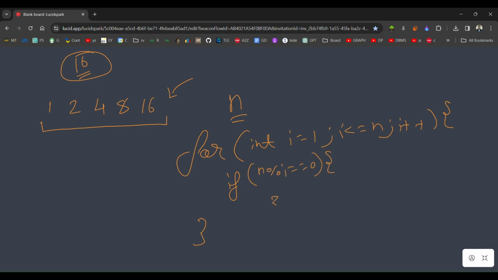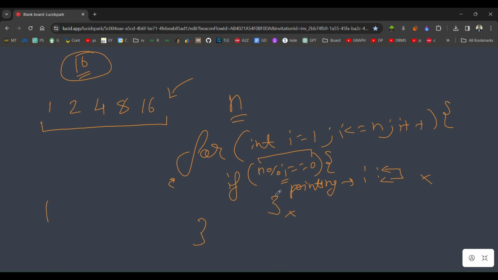If it is, you will print i. If it is not, you won't get into this condition, you will go to the next index. So whichever i divides n completely, you will print that. For the rest, you won't print it. So this is the most brute force approach.